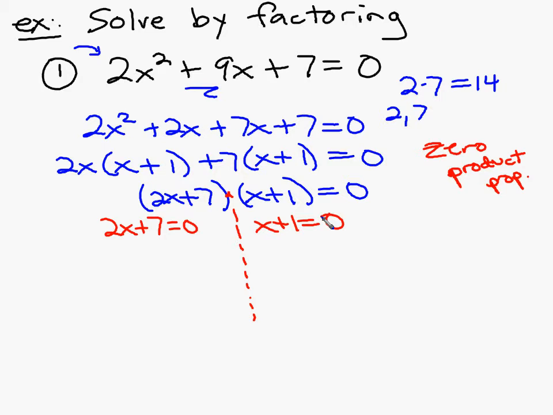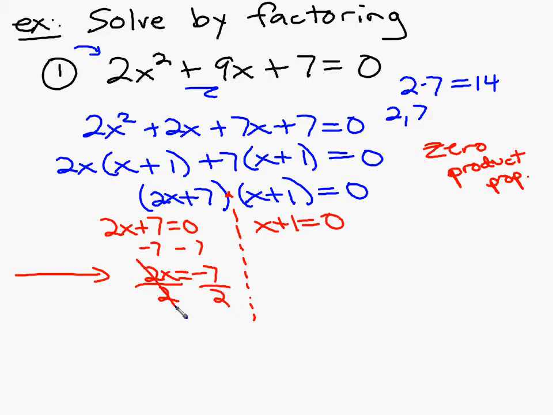Please don't skip steps. A lot of you lost points on the test because you're skipping steps and making mistakes. So subtract 7, 2x equals negative 7. This is a classic case where there was a question on the test where some of you made the mistake of trying to skip straight to the answer instead of actually showing this little step of dividing by 2.